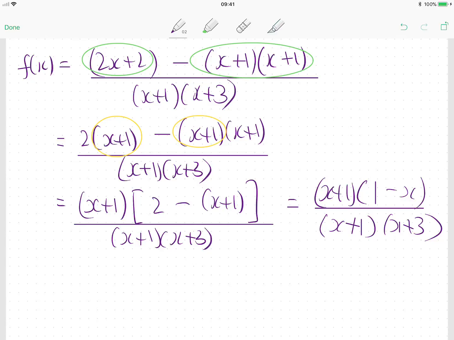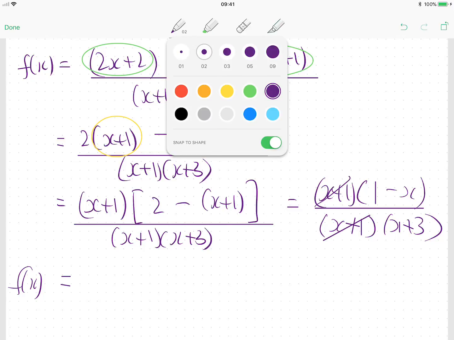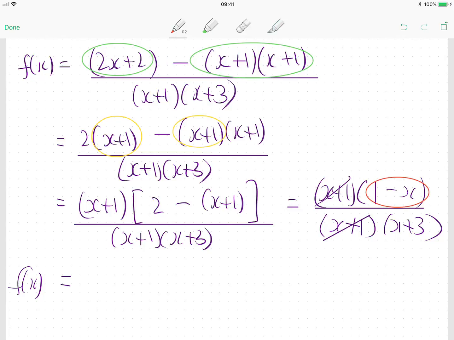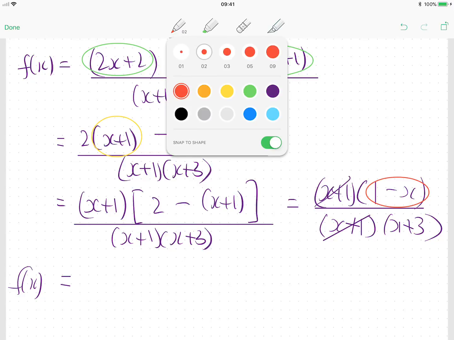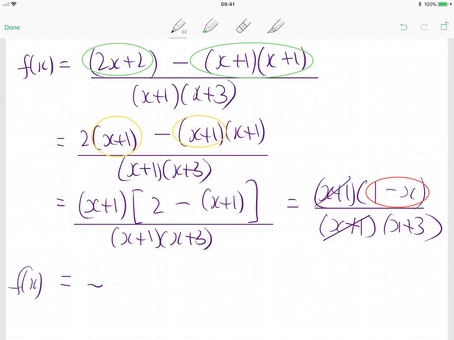Okay, x cannot be minus 1, we've already highlighted that, so I can cancel these off, and we're left with the function. Okay, I don't like to see the negative on the x. Normally we change it to a positive, and we bring in a negative at the front.